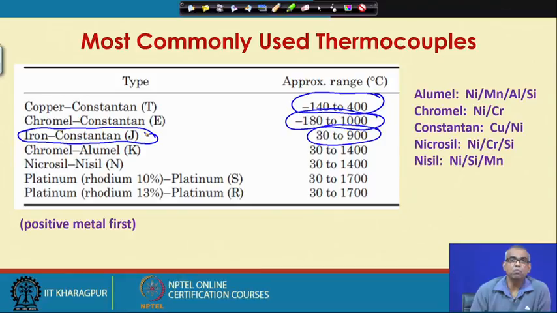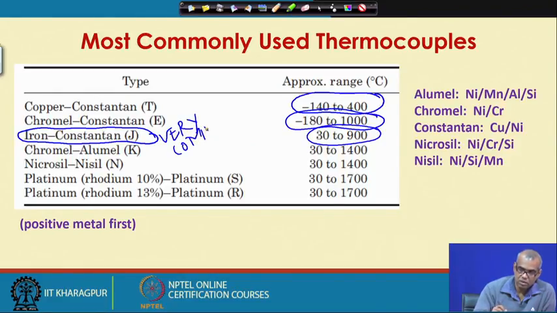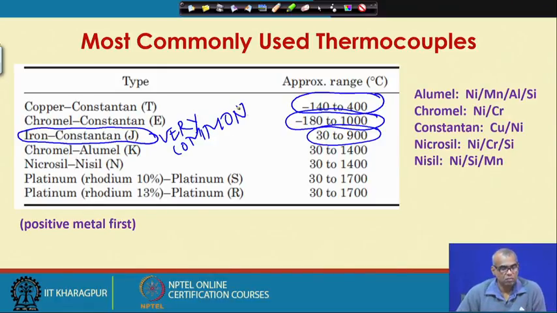It is one of the most commonly used thermocouples in chemical process industry. One of the most widely used thermocouples in the range of 30 to 900 degree Celsius is type J or iron constantan thermocouple.